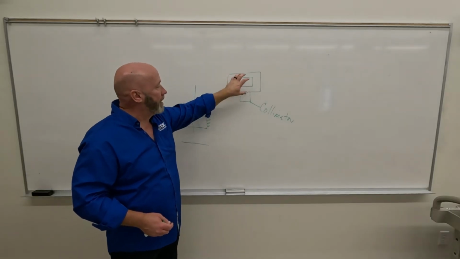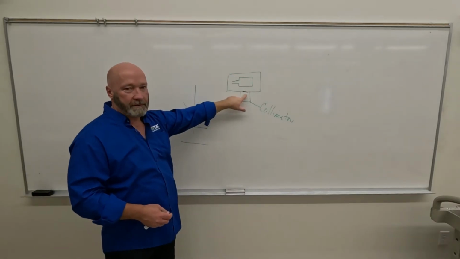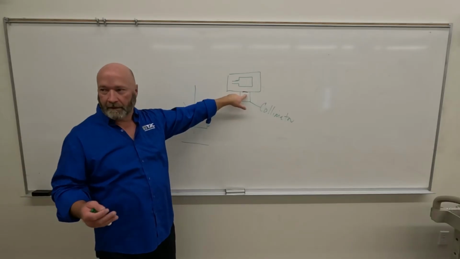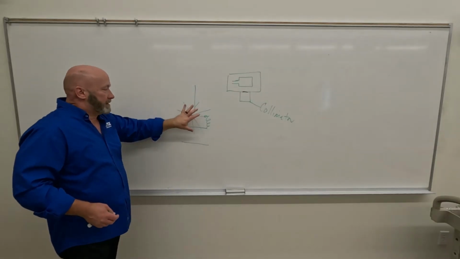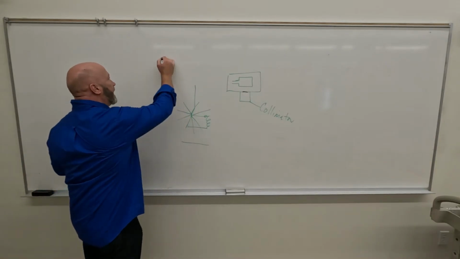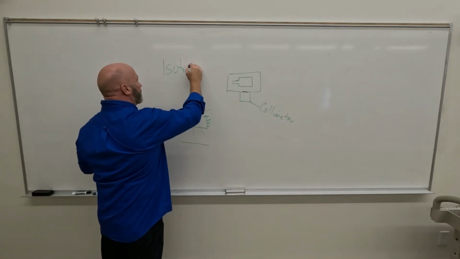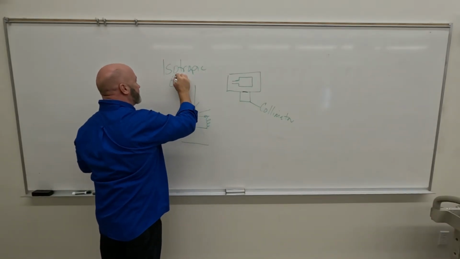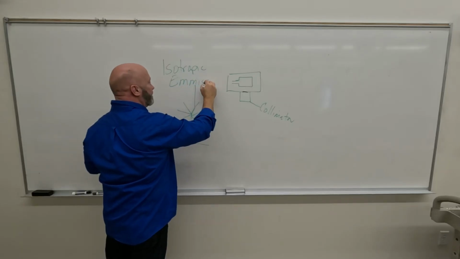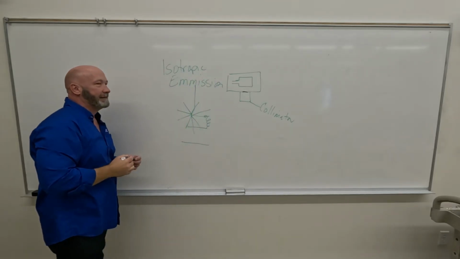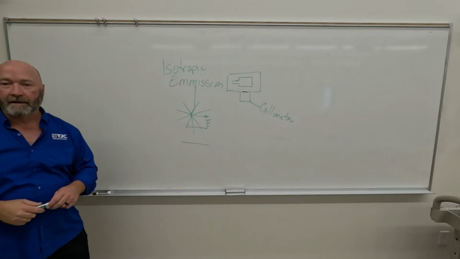So we want to block all of those except for the ones that would come through that window, okay? This is what we refer to as isotropic emissions. Isotropic emissions just means equal intensity in all directions.